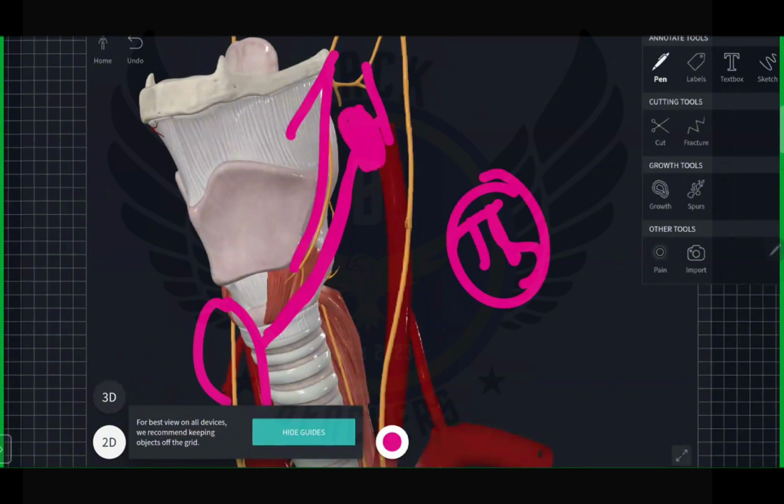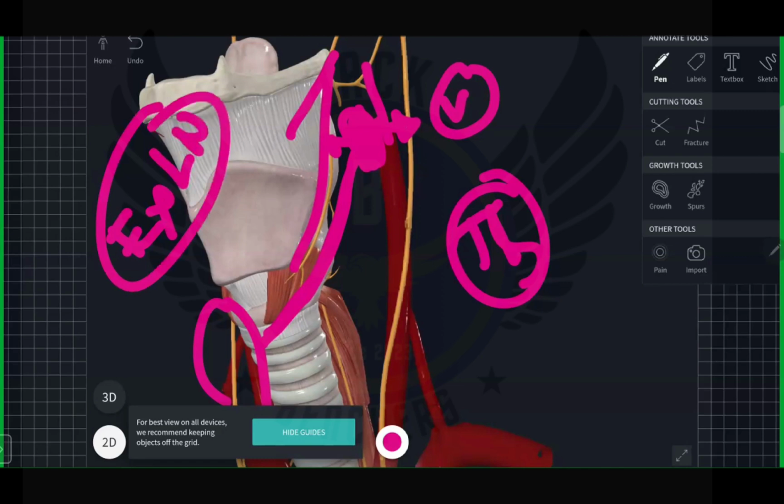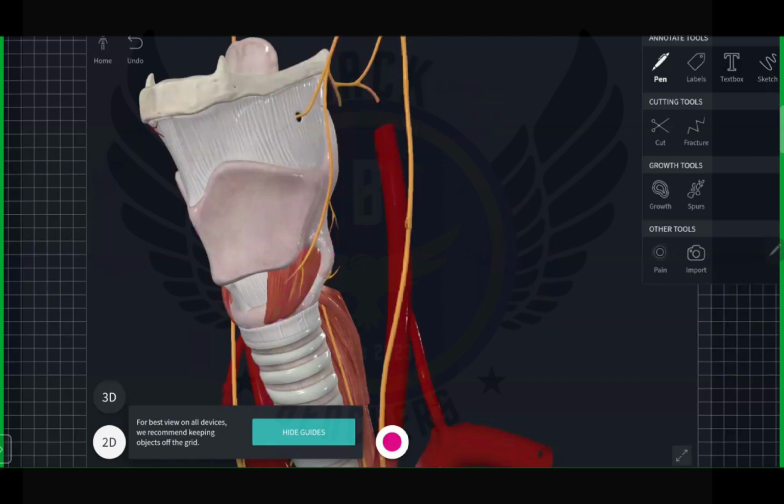So what are the nerves that are close to it? Laterally, it's very close to the vagus, and medially, it's very close to the external laryngeal nerve. This external laryngeal nerve can arise here or up here, because we have anatomical variations.